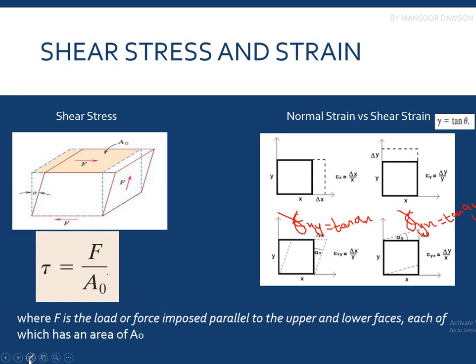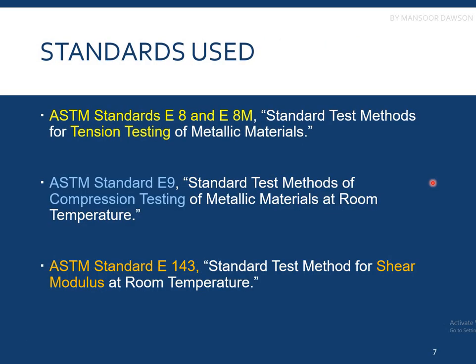Alright, so like this we can calculate the shear strain. Okay, so the standards which are used for a tensile test or a compression test or a shear test are E8 and E8M for tensile testing, ASTM E9 for compression testing, and ASTM standard E143 for determining shear modulus at room temperature.